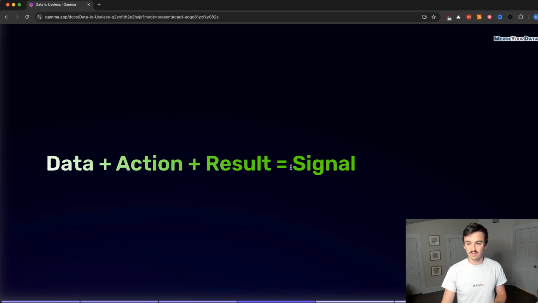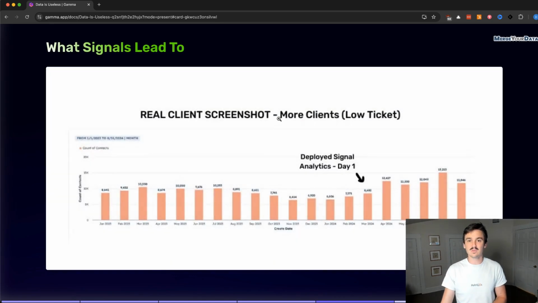All three of these equal a signal, top and bottom, positive and negative. You have the biggest results with specific data points and actions. That's a signal. And that's how we get to that final piece. And that's what's missing in data. And so this is what signals lead to.